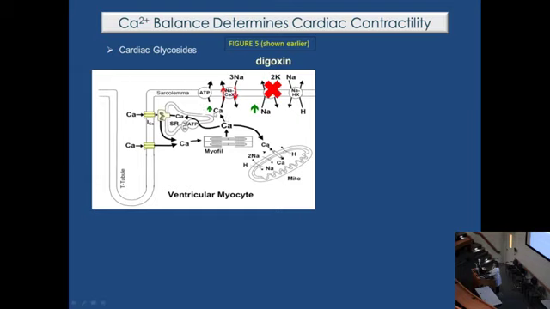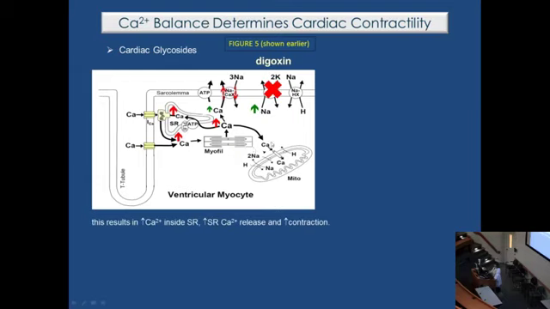By increasing the cytosolic calcium, there will be more calcium available to be used for contraction, but also to be recaptured and stored inside the sarcoplasmic reticulum. Then, for the next heartbeat, we have more calcium being released, and then more cytosolic calcium available for contraction.